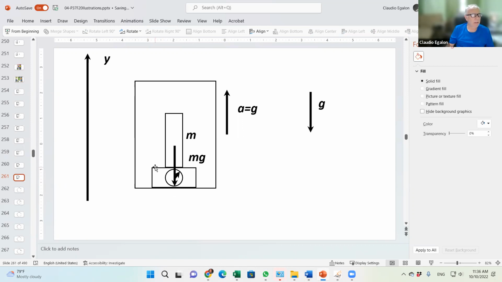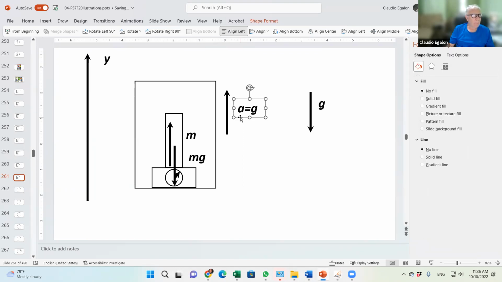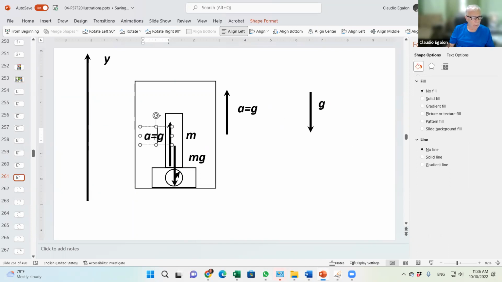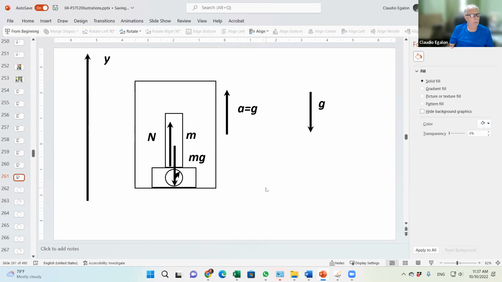He doesn't have to stand on top of the scale, but I'm putting the scale there just for the sake of discussion. He's subjected to the force of gravity, but he's also subjected to another force that we call the normal. Free body diagram. The normal is the force between the scale and the occupant.